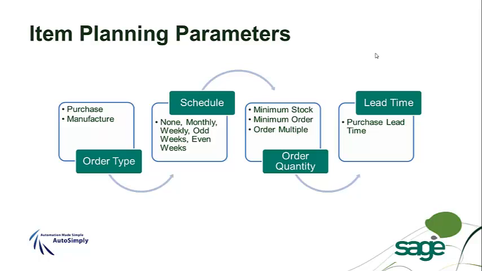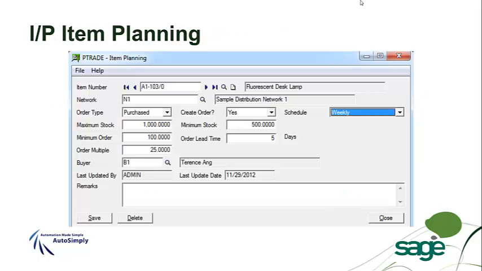In terms of order quantity, we can define minimum stocks, minimum orders, as well as an order multiple. In terms of lead time, we can then have purchase lead time and manufacturing lead time for manufactured items. Here is a screenshot of the purchase planning item planning table.